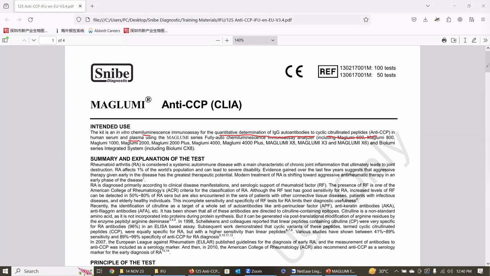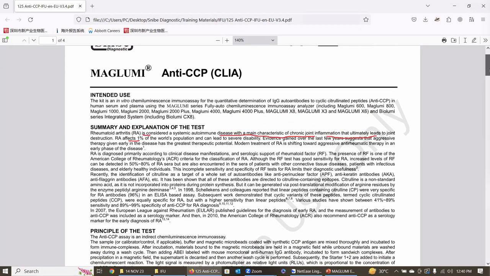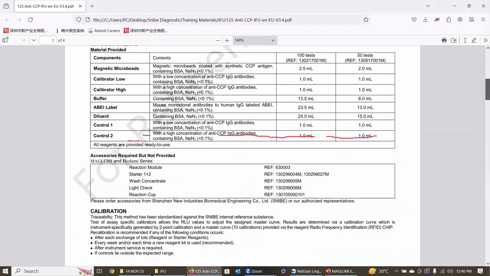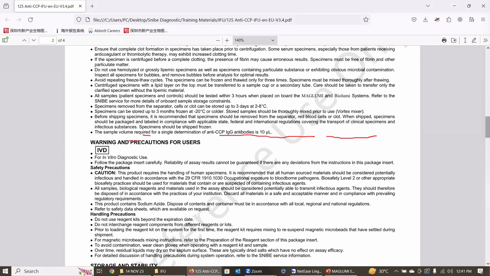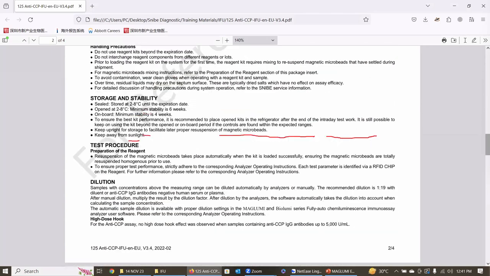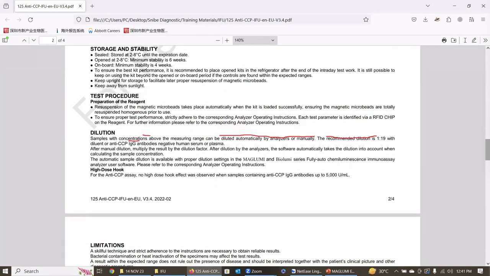And the other important thing is the unit. Let me check what the possible units are, because it's only one unit, U per ml.